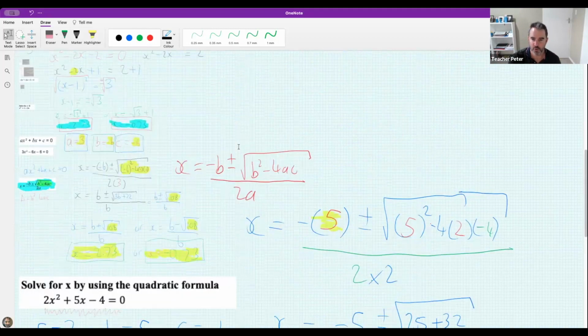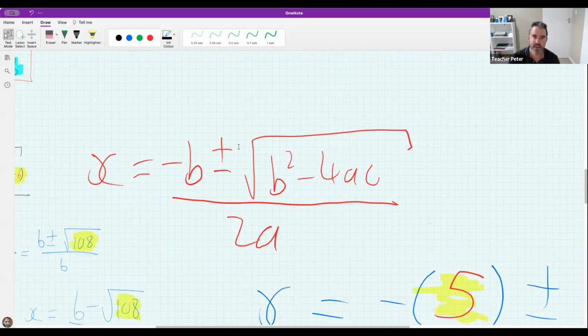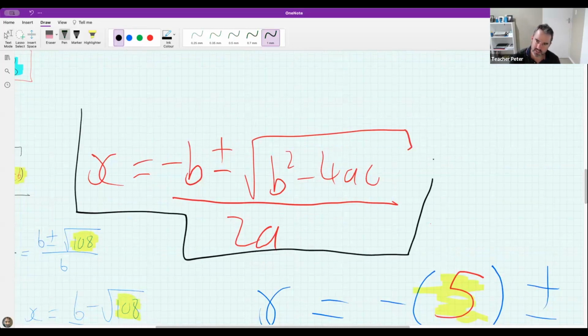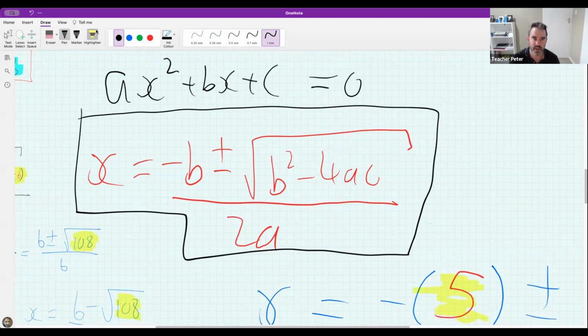This quadratic formula makes use of A, B, and C. The A, B, and C come from the standard form of a quadratic equation, which looks like this. So whenever you are going to use the formula, you first need to make sure that you have your quadratic equation in this form.